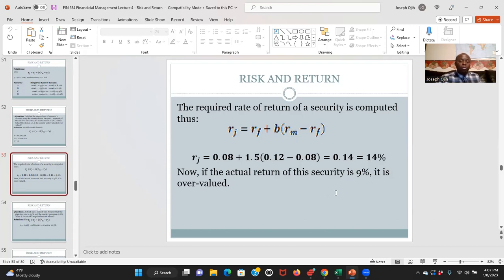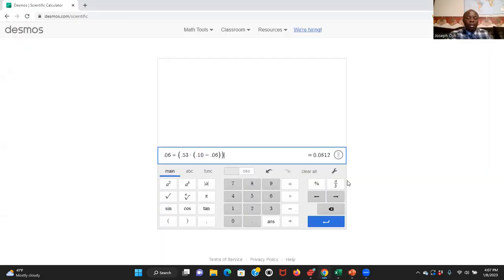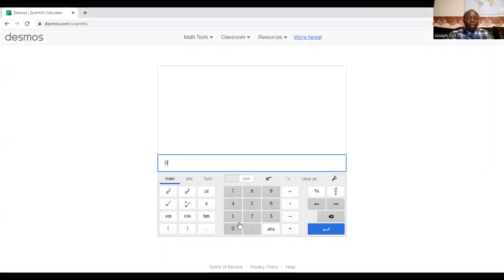We'll plug this into our calculator: 0.08 plus beta of 1.5 times 0.12, which is the market return, minus the risk-free rate of 0.08 again. You can see the 14% right here, and I also have it done in my presentation.